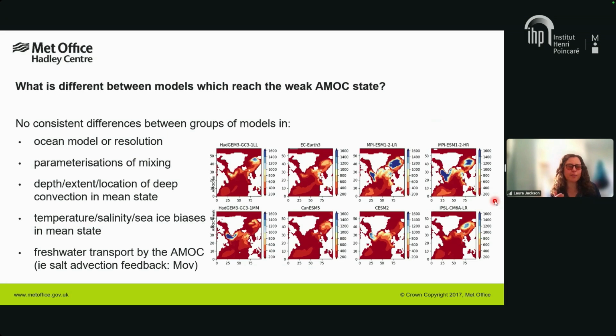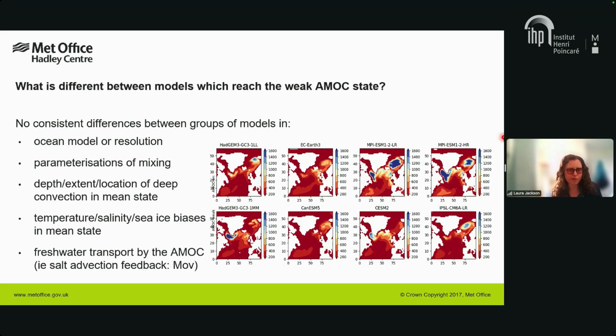So is there something that's different between those models which reach that weak AMOC state and those which don't? We spent quite a lot of time looking at this, and basically the summary is that we didn't find any consistent differences between those groups of models. So we looked at the ocean model type, the resolution, parameterizations of mixing. We looked at the deep convection, which is shown here in this plot.